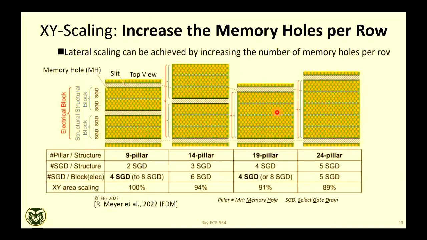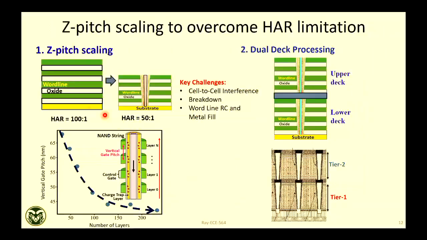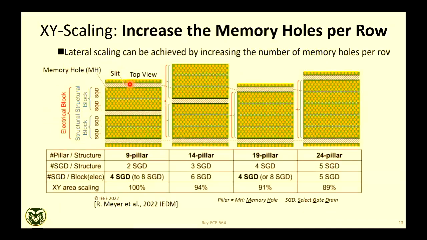So this is what the number of subblocks question you asked is about, right? If you pack more bits in the XY direction, right? So this was the Y direction, Z is vertical, and this is XY. In XY, if you can pack more bits together, then you can have more areal density from the top.